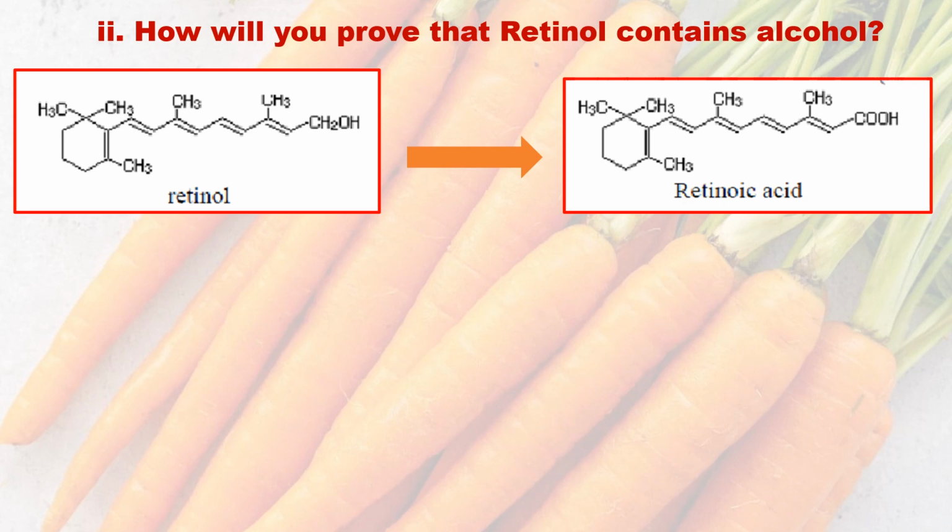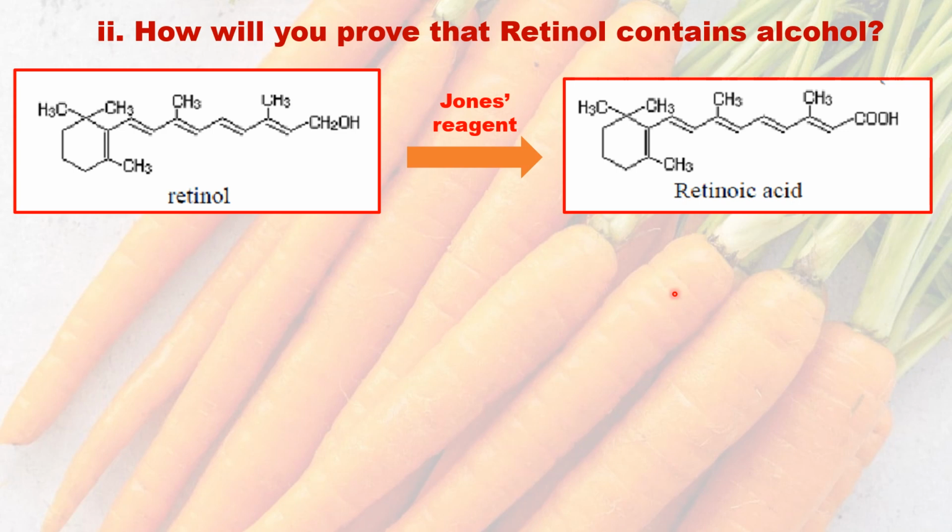Now the second question is, how will you prove that retinol contains alcohol? If we look into the structure of retinol, we can see it contains a primary alcohol. This is a simple experiment we can perform to convert retinol to retinoic acid, that means convert primary alcohol to carboxylic acid.